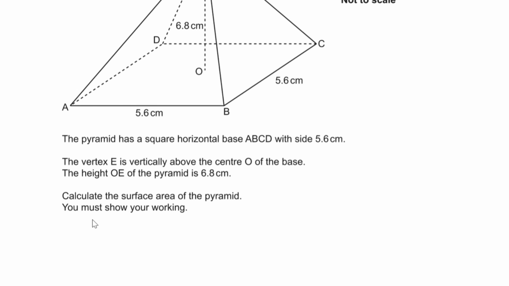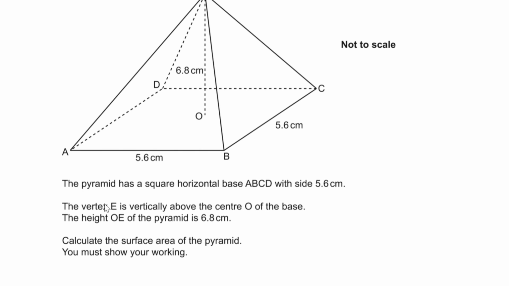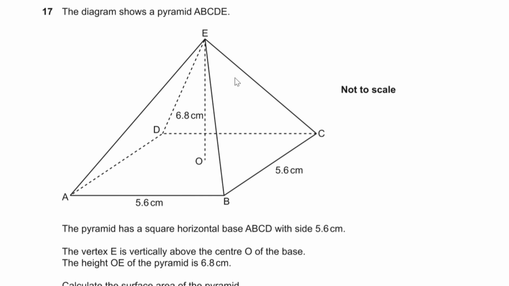Well, what we can do to find the surface area is, well, what I need is the area of the triangles. And for me to find out the area of the triangles, the face, so that would include this as the face, we need to find out the area of one of these.